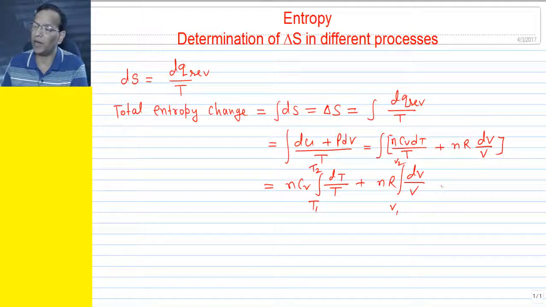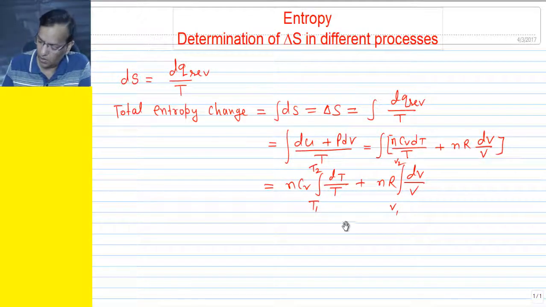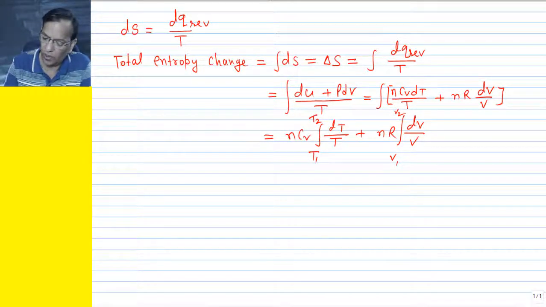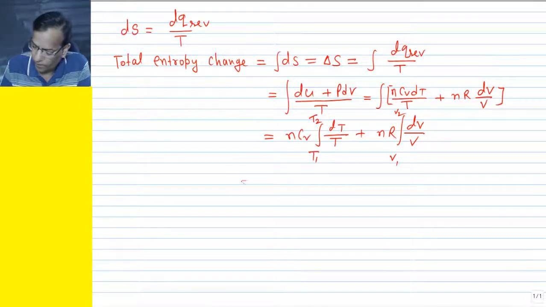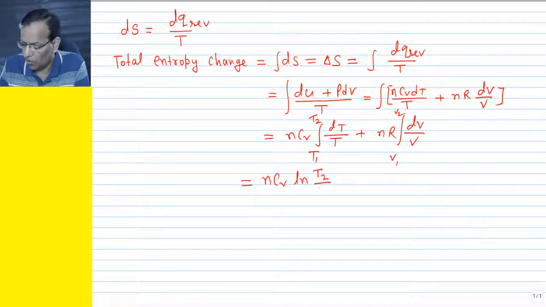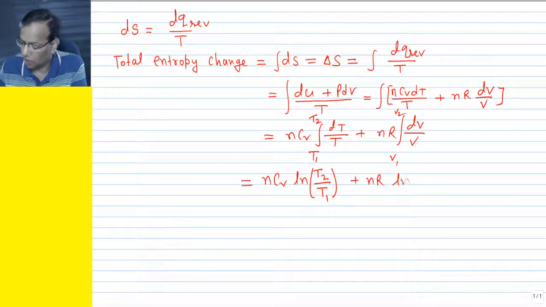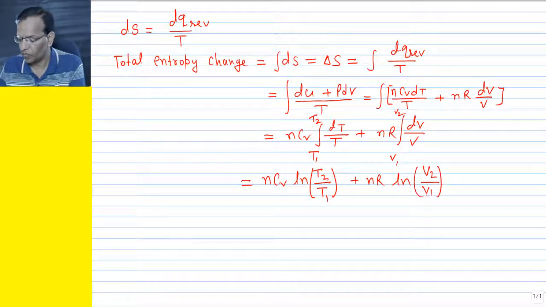If we integrate it, it will come out to be nCv ln T2 by T1 plus nR ln V2 by V1.